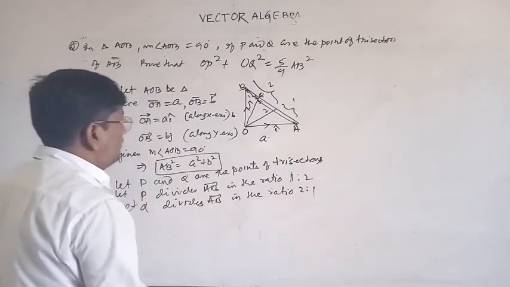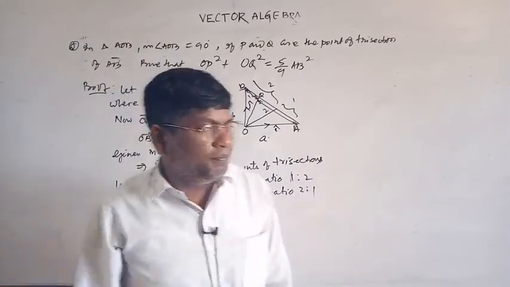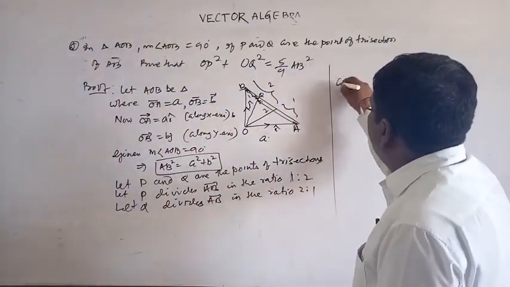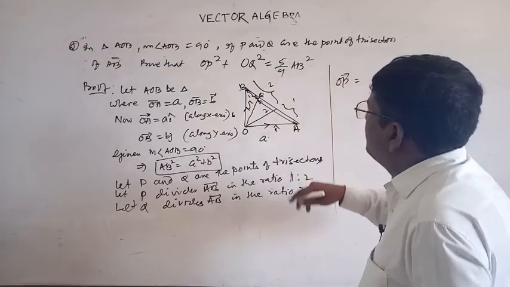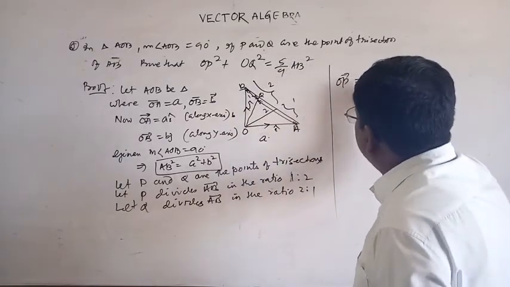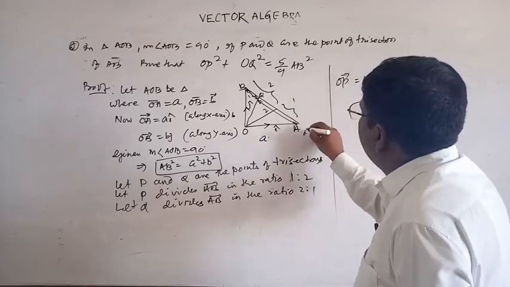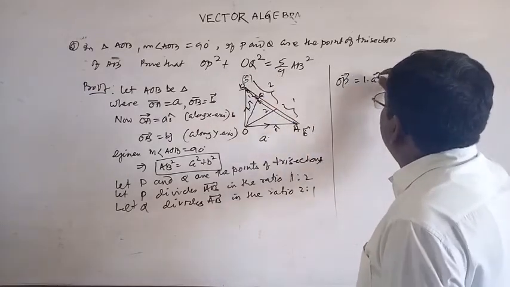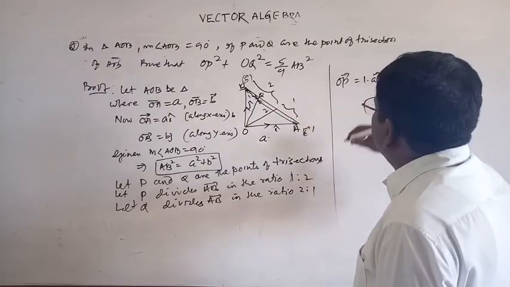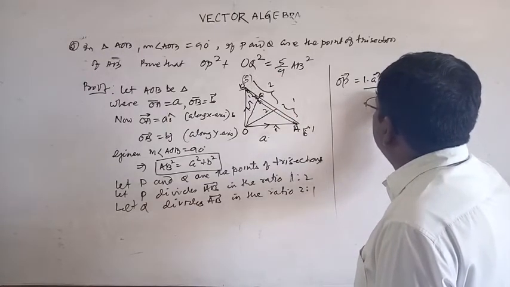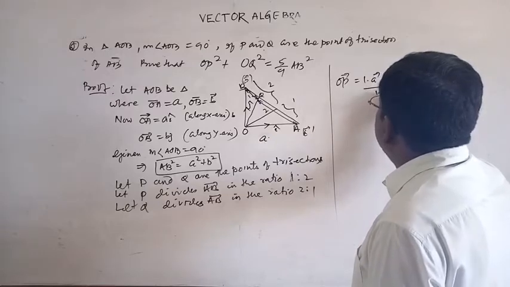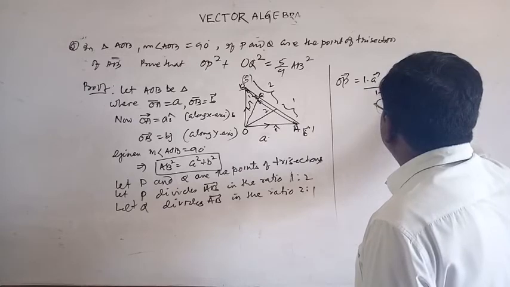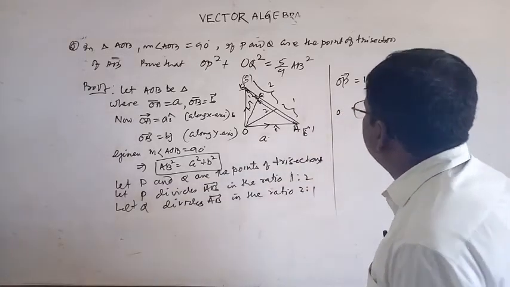Now the position vector of P, that is OP. OP vector is equal to 1 into b vector plus 2 into a vector by 1 plus 2, that is a vector plus 2b vector by 3.